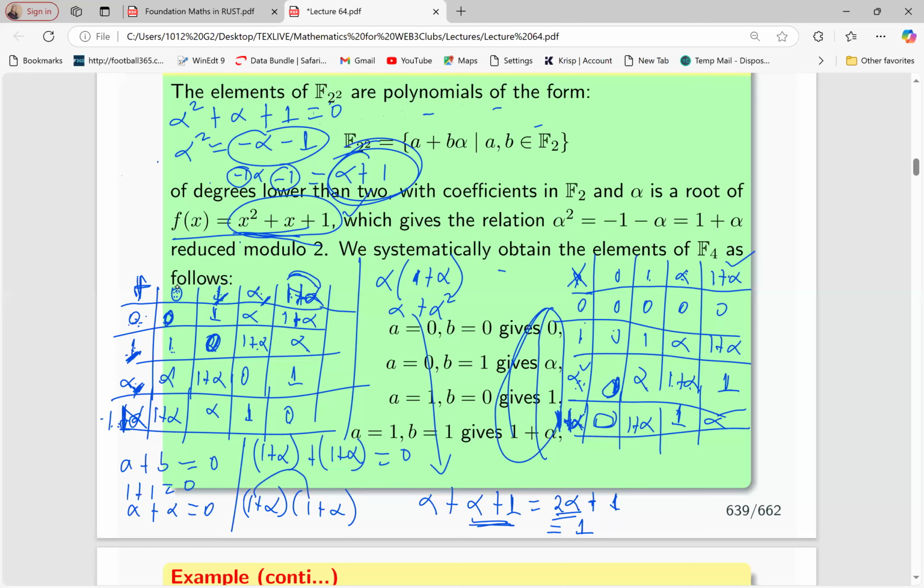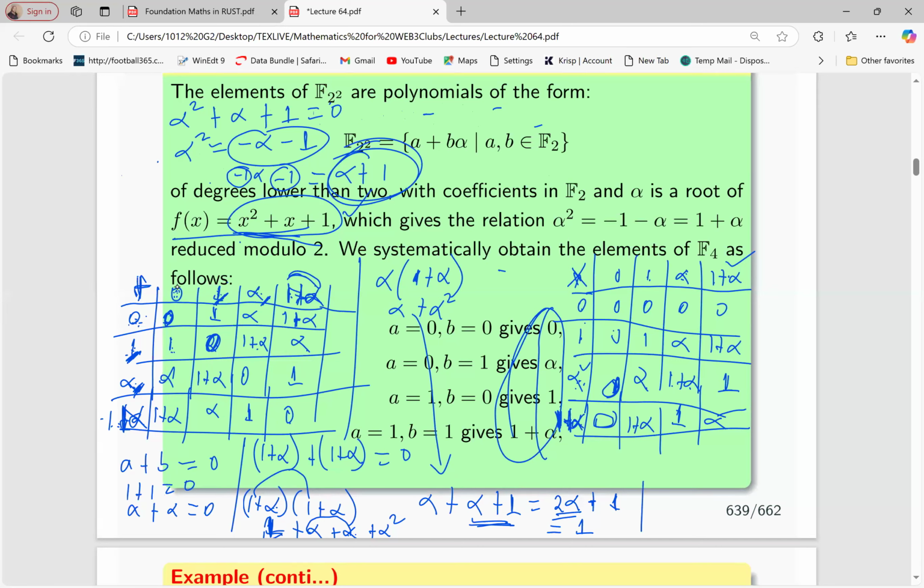This will be 1. Then 1 times alpha gives us alpha. Alpha times 1 is alpha. Then alpha times alpha is alpha square, and of course, we know what alpha square is. We also know that alpha plus alpha is 0.